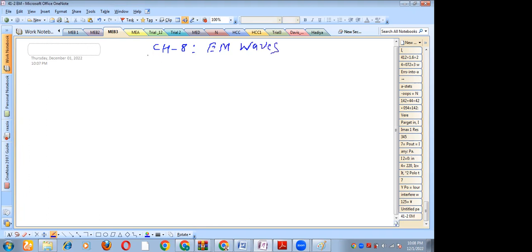Electromagnetic waves. As the name suggests, here both electricity and magnetism are involved. Till now we have studied electricity separately and magnetism separately, but here we will have the concept of both.